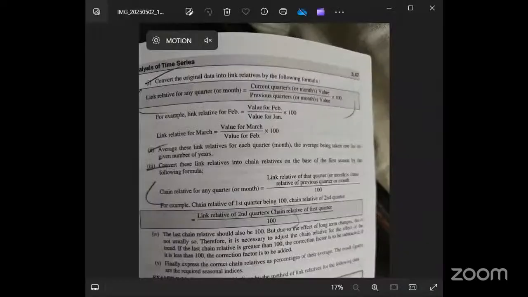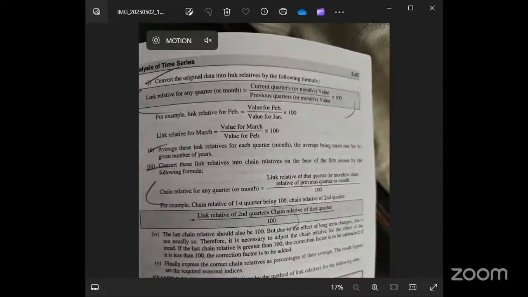Yeah, here we go. So this is the formula for link relative of seasonal variation, and we'll see some problems in that.